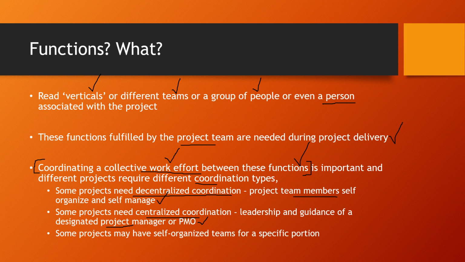There are also projects where some specific portion requires self-organized teams, while the rest is a centralized coordination kind of environment. So different projects are obviously going to require different coordination types, and we talked about these because, like I said earlier, this is the basic job of a project manager, coordinating between these different functions.